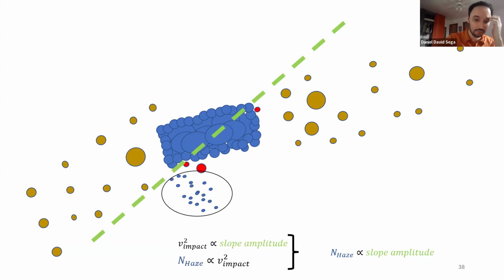And if the number of particles is proportional to the kinetic energy, then we find a relationship that we can test empirically: the number of haze particles, and haze is what we're calling this ejecta that is going to create the excess signal that we see in the occultations, is going to be dependent on the amplitude of the slope of the wave. So the more the warp, the more signal you're going to see.